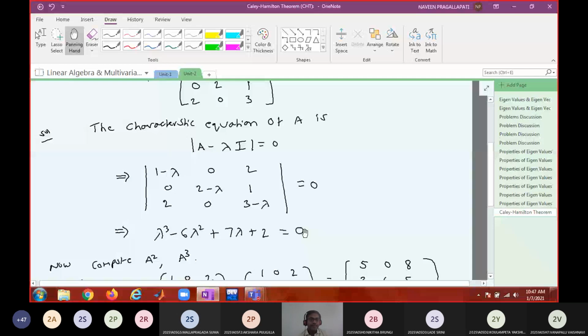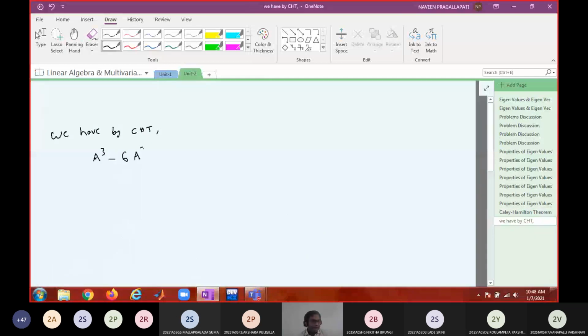So we have, by Cayley-Hamilton theorem, A cube minus 6A square plus 7A plus 2I equal to 0.